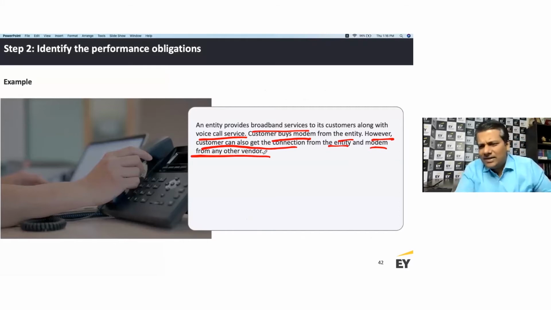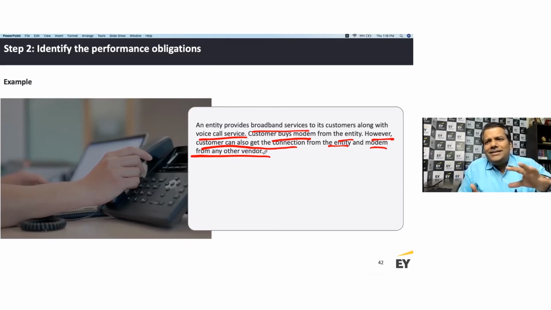It is like any arrangement where a telecom service provider says, okay, I'm selling the equipment, which is the modem which is required. You want to buy it, you can buy it, else you can buy it from the market also. And along with that, I'm selling broadband.